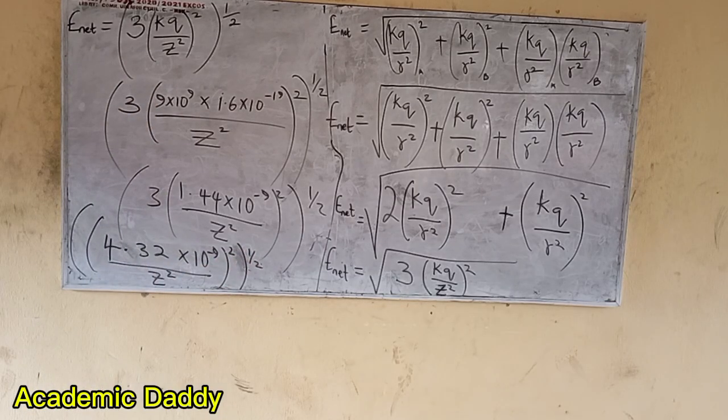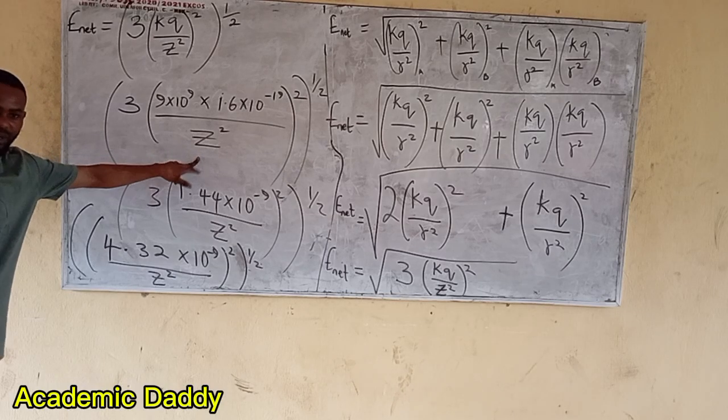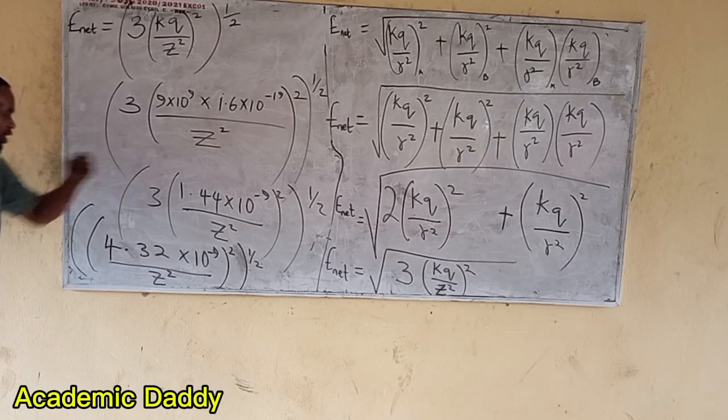Somebody will think we are wrong. We are very correct. This is what is expected once it's a ratio, since they did not give us the distance. The reason why we are having this issue is because of this Z.